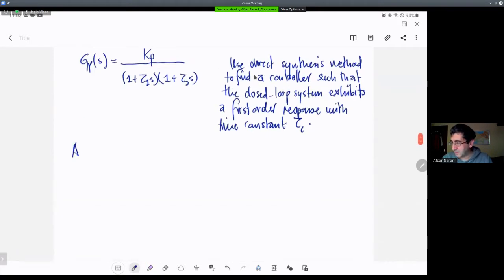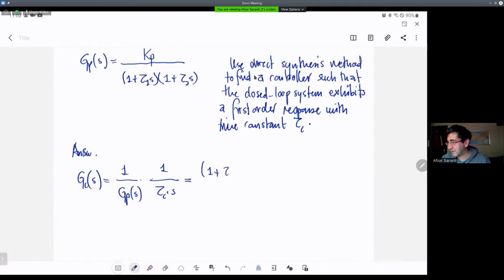Again, so we already have this formula we derived, right? The controller is derived as the inverse of the plant times 1 over tau cs. Okay, so let's expand this for this particular plant transfer function.